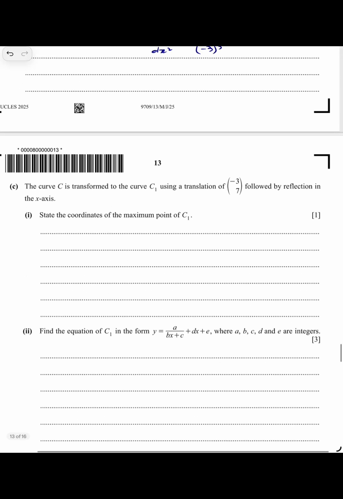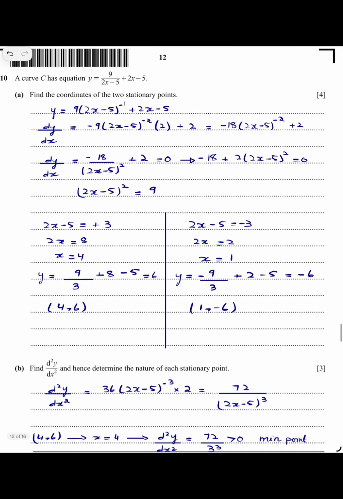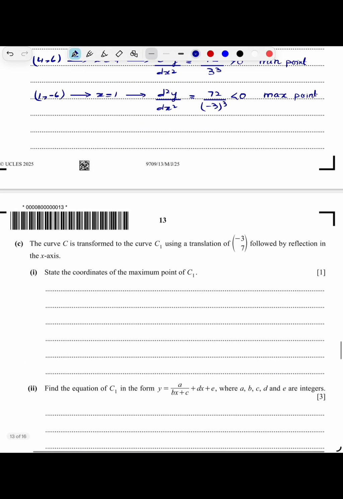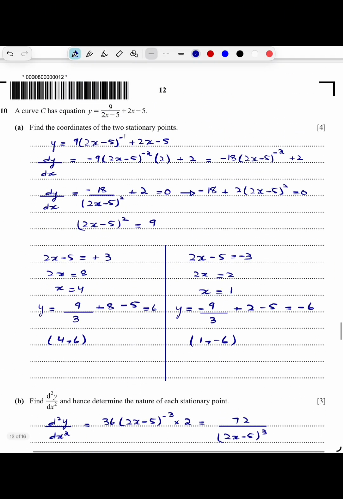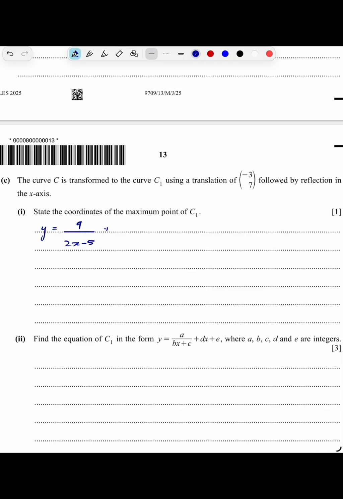So the curve C, let's first write the curve C. We have y equals 9 over (2x - 5) plus 2x minus 5.